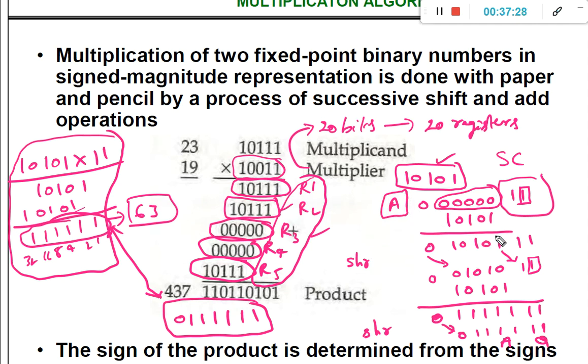In the first intermediate step, it contains 1 0 1 0 1. In the second intermediate step, it contains 1 1 1 1 1. Okay, so like this, we are going to change the contents of the registers.